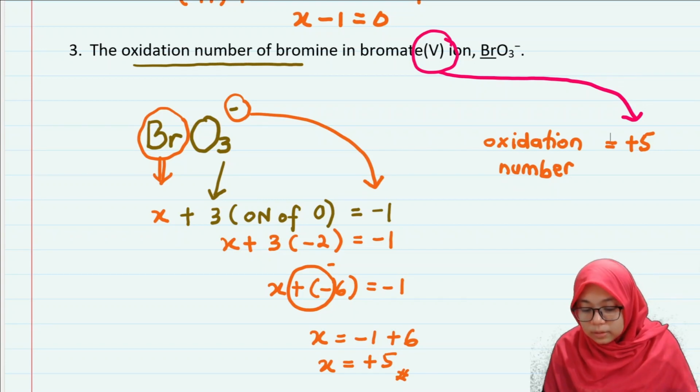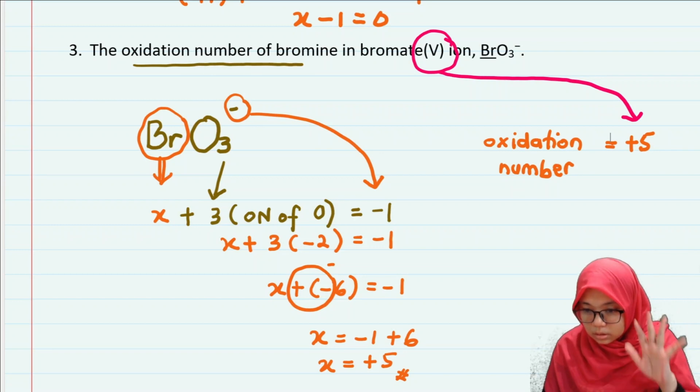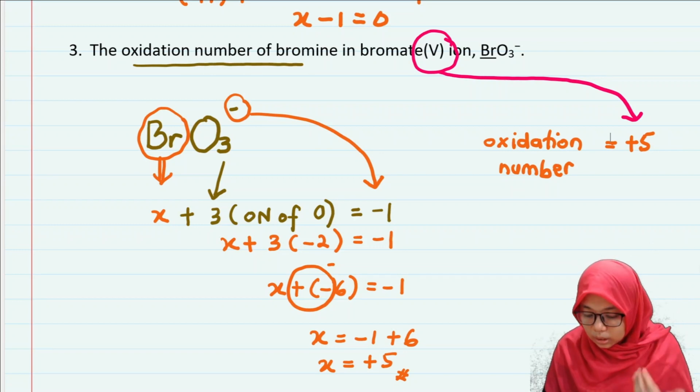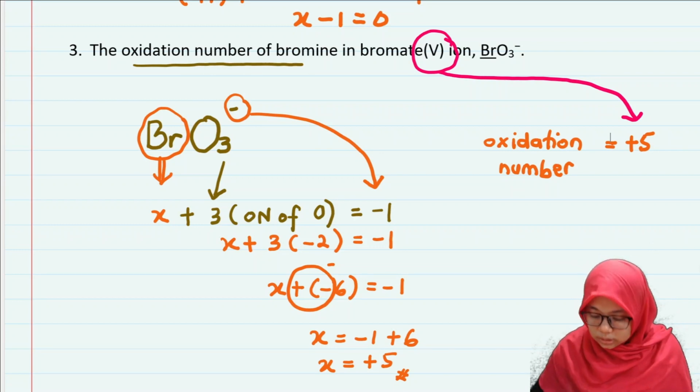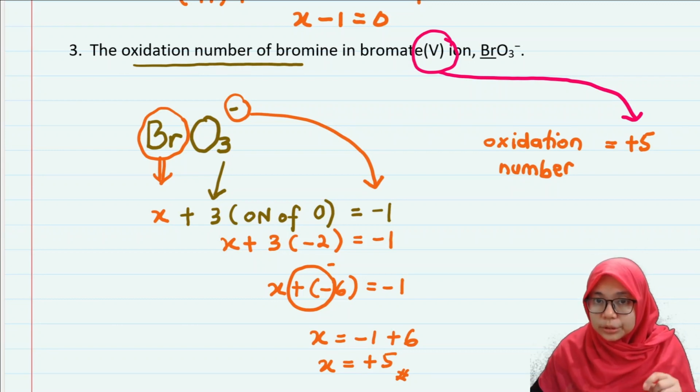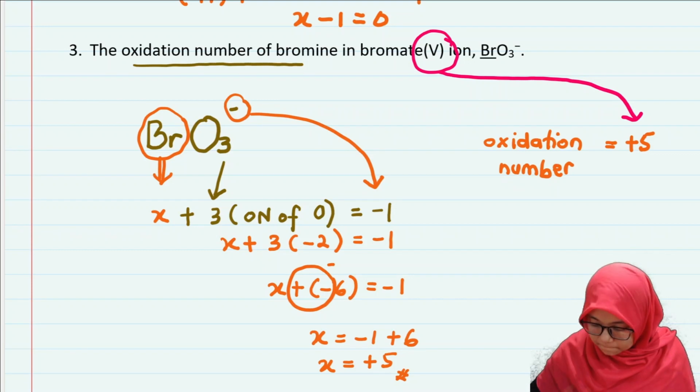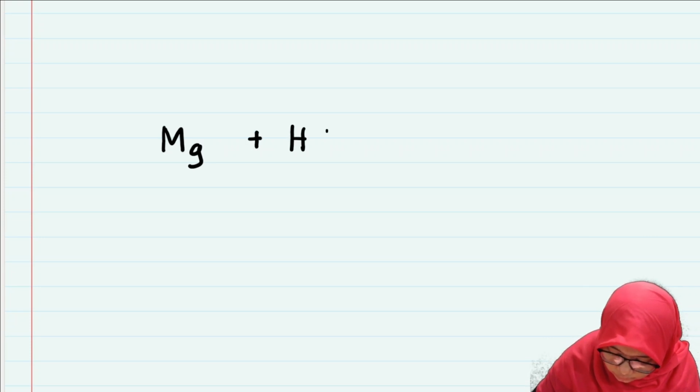After we have learned these 8 rules, how are we going to use them? Let's see an example of a redox reaction. Let's say I have a reaction between magnesium and hydrochloric acid.